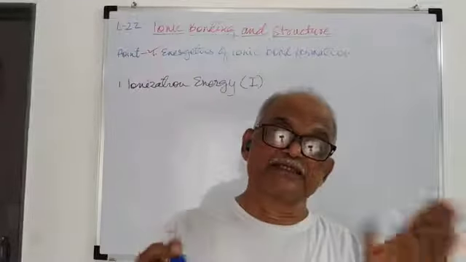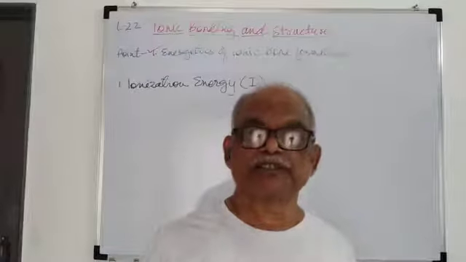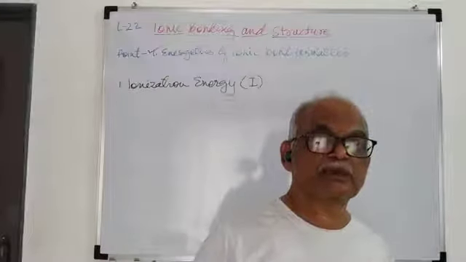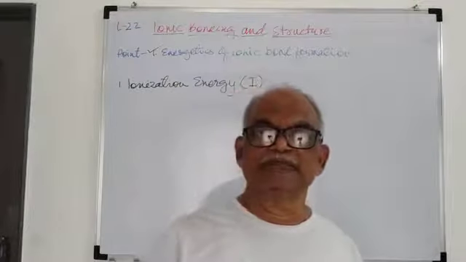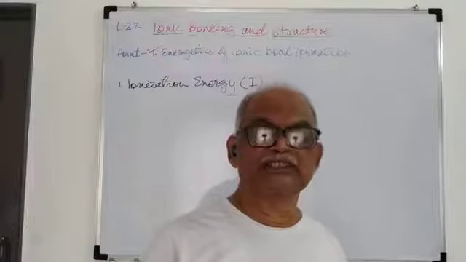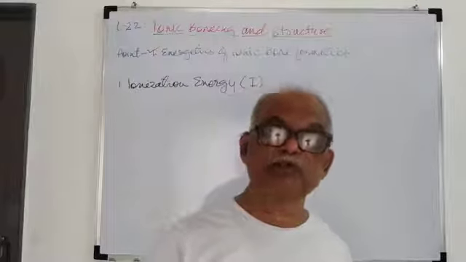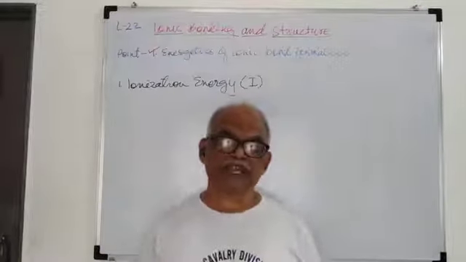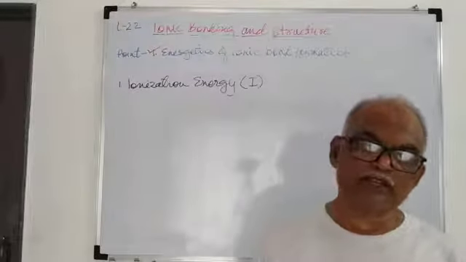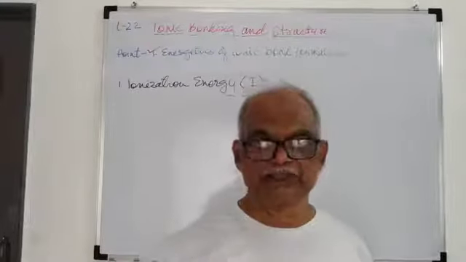Here the electron lost by the atom is one, the resulting cation is called monopositive cation, and the ionization energy in such a case is called first ionization energy.